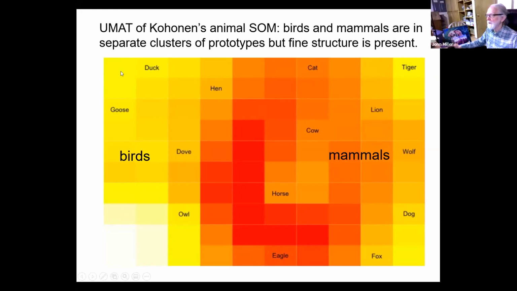And then up here in the upper left, we have our domestic birds, you know, similarity between geese and high similarity between goose and ducks. That makes some sense. They both like water. Doves and hens, not so similar. Over here in the mammals, again, we have our predatory mammals up here: cats, lions, tigers, and wolves, dogs.